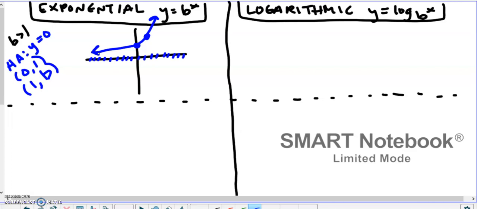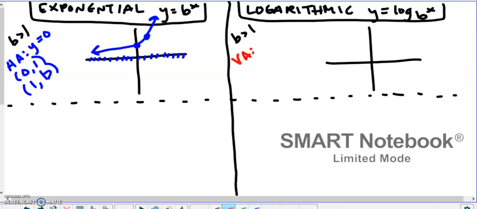And then here's how we're going to use that information to introduce the logarithmic function for b greater than 1. This would be our logarithmic growth graph. So remember that for inverse functions, the x and the y are switched. So we're still going to have an asymptote on this one, but instead of a horizontal asymptote, we're going to have a vertical one.